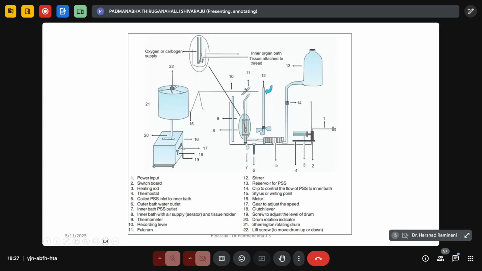Along with that, to maintain the tissue viability, you need to aerate with oxygen supply. There will be an oxygen aerator as well. You need to set the oxygen aerator so that the tissue is viable till the experiment ends.